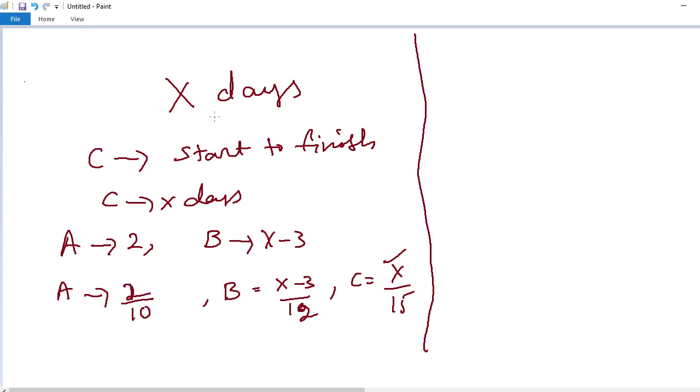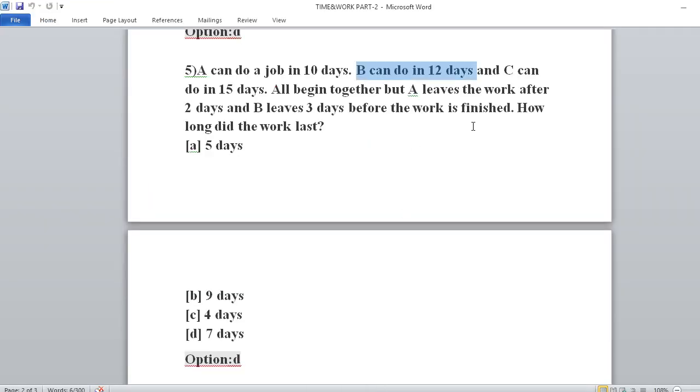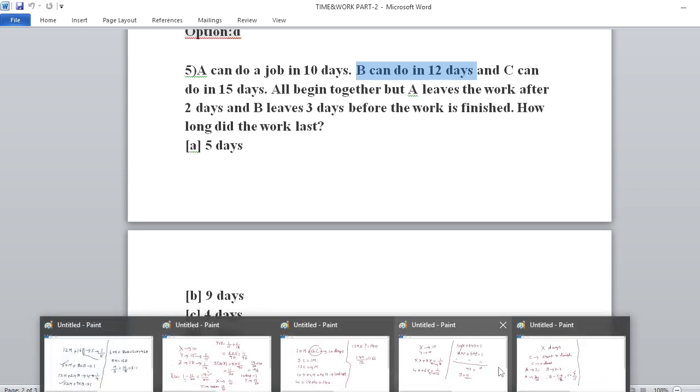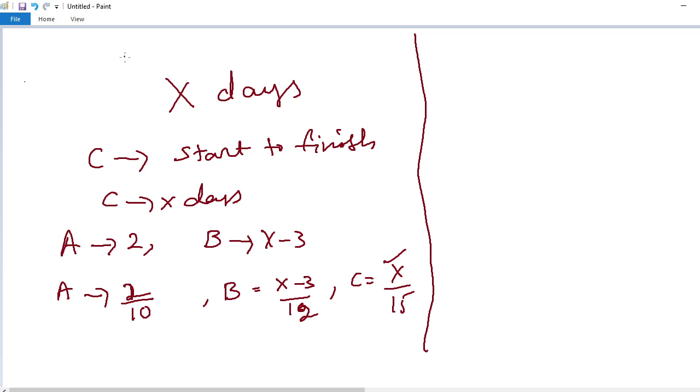So the question is, how long did the work last? So we have to solve this equation: 2 by 10 plus X minus 3 by 12 plus X by 15 is equal to 1.